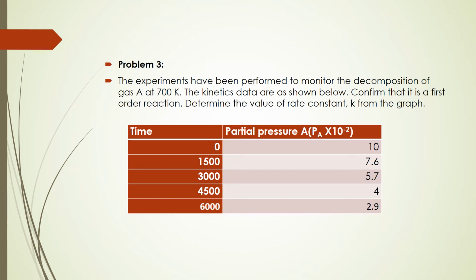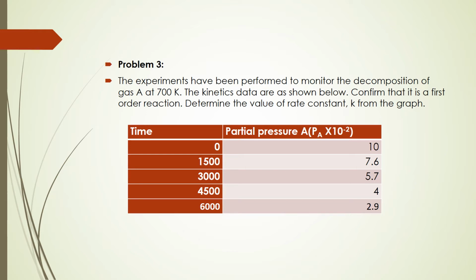Okay, in this case, when you have this kind of situation, you have to plot the graph. This is time versus partial pressure data. So we have to do some treatment to this data prior to plotting the graph.